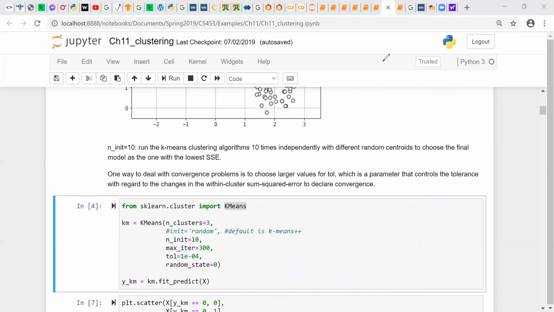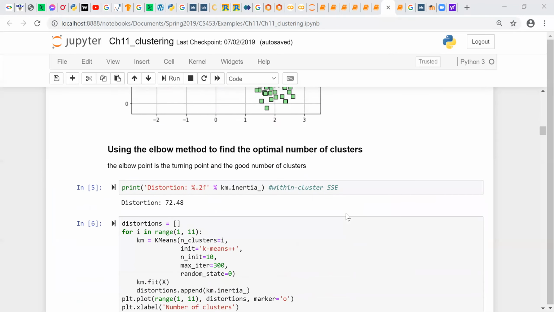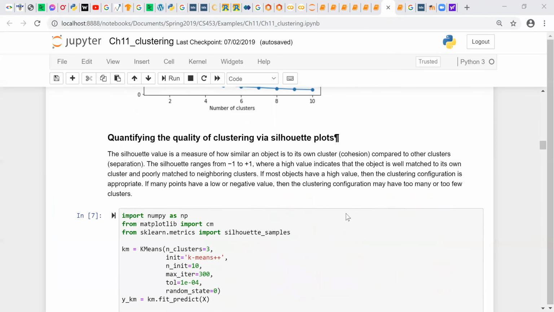And the second approach to help determine the best number of clusters is what we call silhouette. Yeah, silhouette, let's find it. You remember this silhouette.